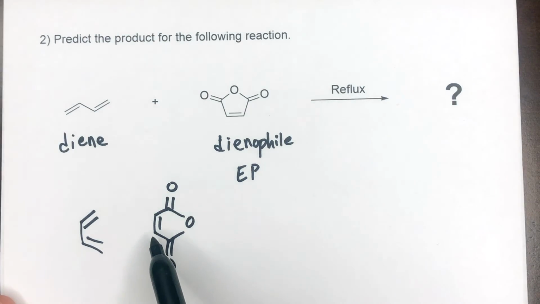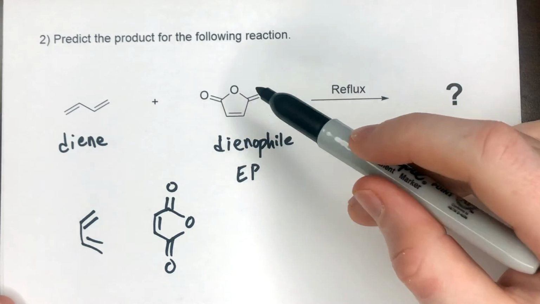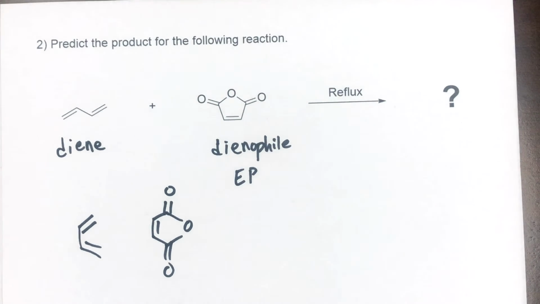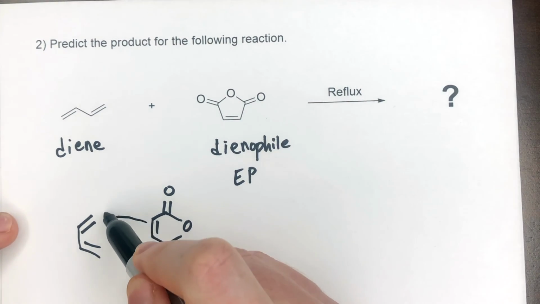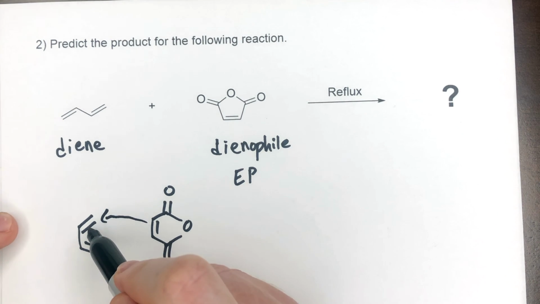So that would be this position, 1, 2, 3, 4, 5. We get the exact same connectivity. We have this, the anhydride, the two carbonyls are across from each other with the single bond oxygen in the middle. So this is definitely the same molecule. It's just drawn in a different orientation to aid in our mechanism here. So now, just like before, this will approach the dienophile, form that sigma bond of the cyclohexene.